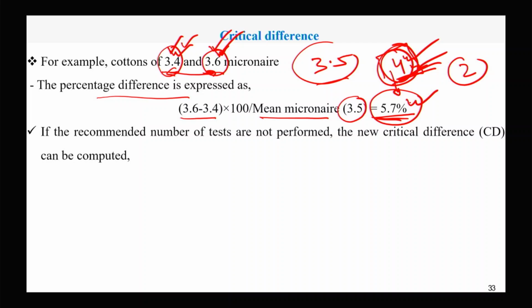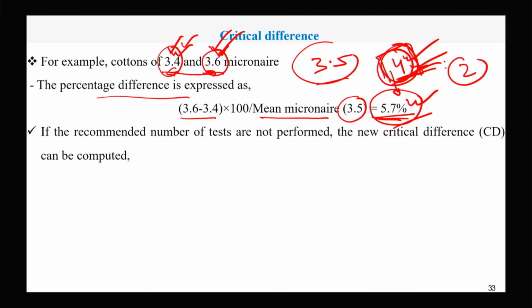The 5.7 critical difference we have achieved is based on 4 plugs, as per the norms. But there may be some situation where we have not tested the specimen based on the 4 plugs.